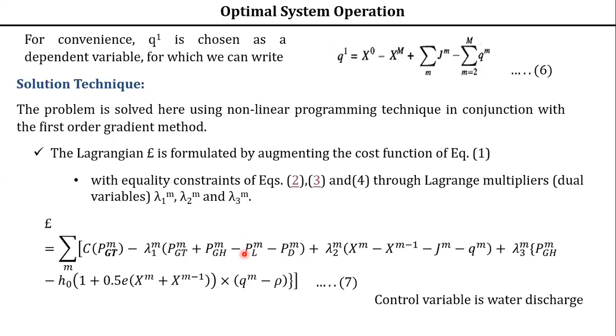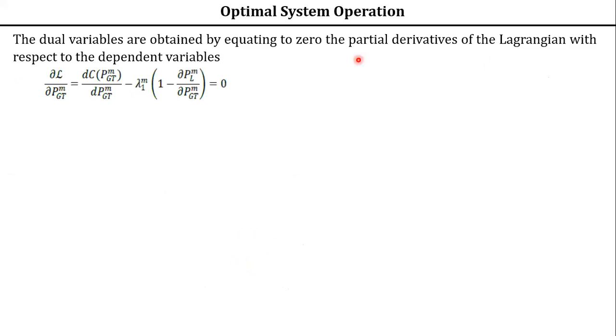Please remember this, it is useful for explaining future content. So PL is a function of PGT as well as PGH. Therefore, you also have to take the partial derivative of PL, so dou PL by dou PGT you have to consider. Is it clear? That's what we have written here. So this is the equation we have. You see this one?